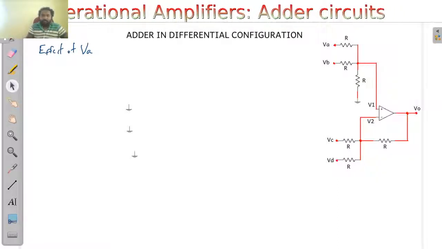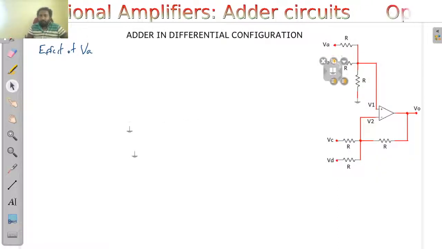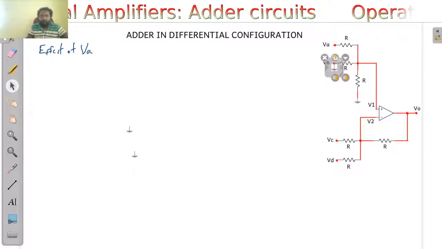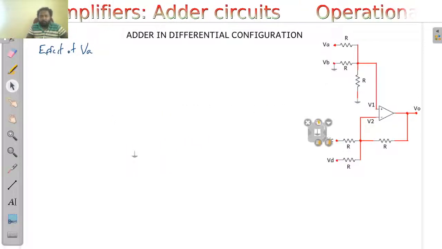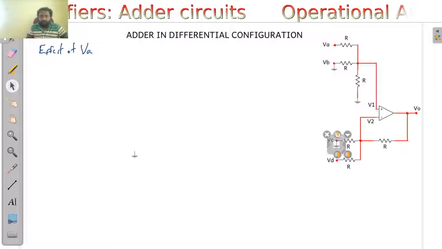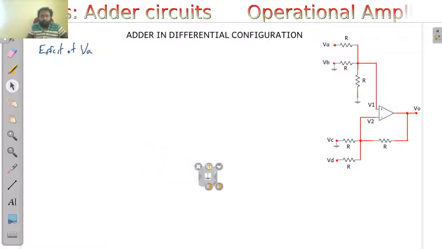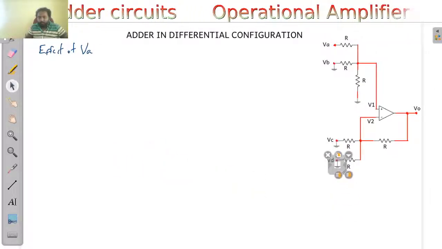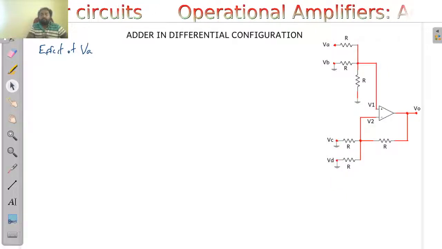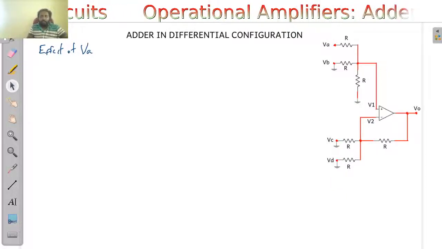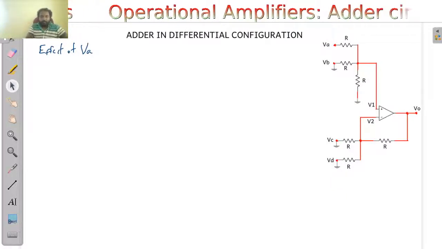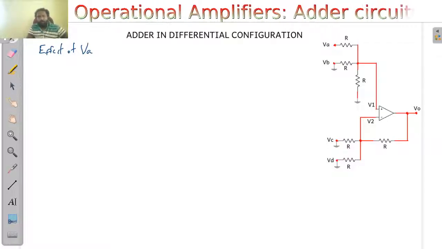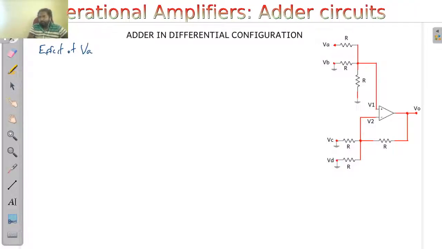So I am going to ground VB, I am going to ground VC, and similarly I am going to ground VD also. That's it. So we have grounded the other 3 voltage sources, and we are going to find out what VA is going to do.